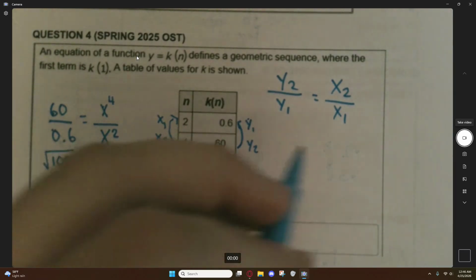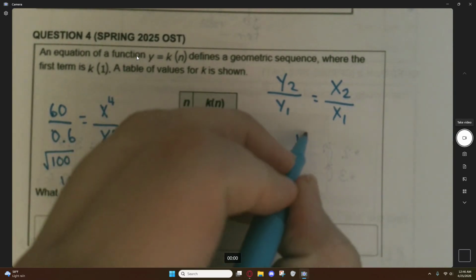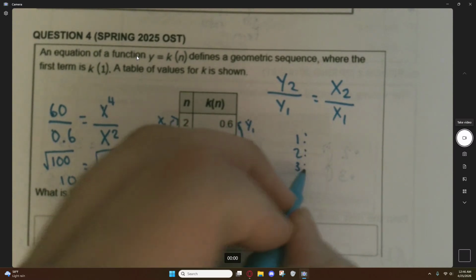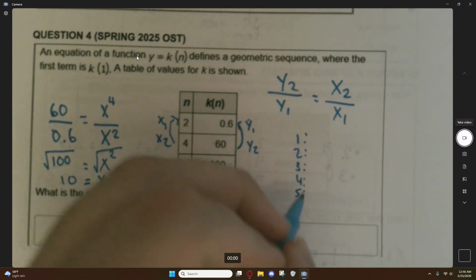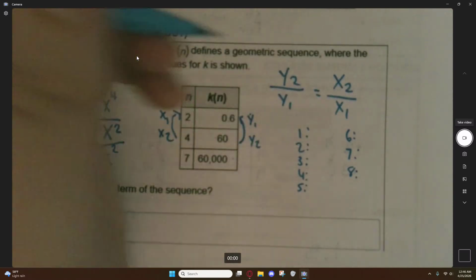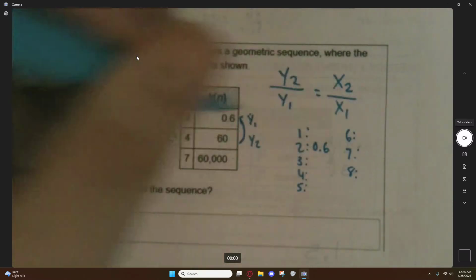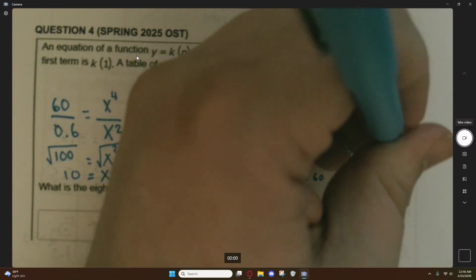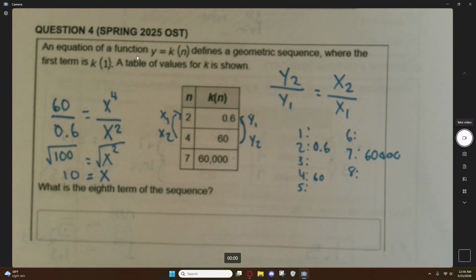Another way you could look at it is you could actually just try to draw this out. We're trying to do terms 6, 7, 8. And when you draw this out, 0.6, 60, and 60,000, you might be able to see that all you're doing is multiplying by 10, or all you're doing is moving the decimal point over one spot.